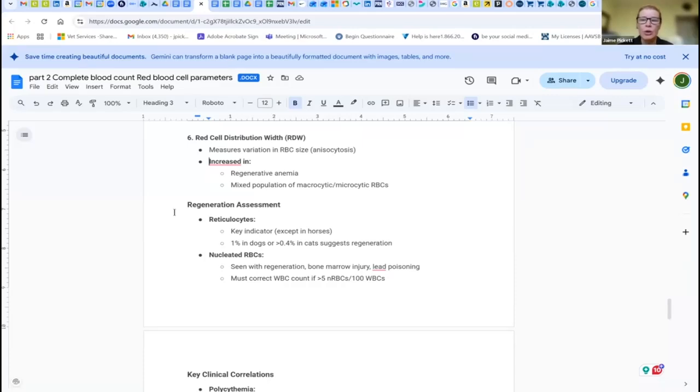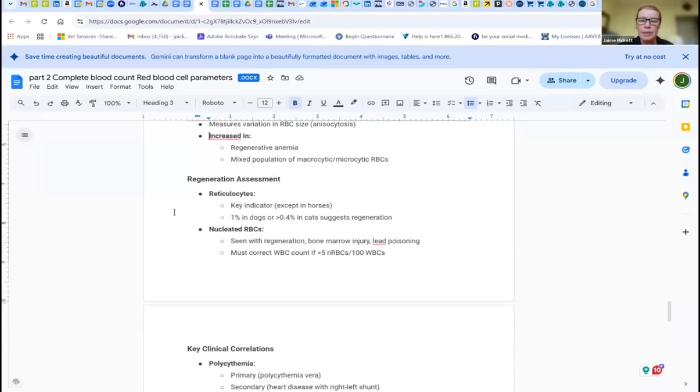You can also see nucleated red blood cells in regenerative anemia or bone marrow injury, but they can artificially elevate the white blood cell count, so corrections may be needed. Keep it in mind, it could be artificial because of the white blood cell count.